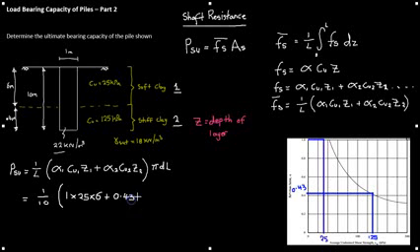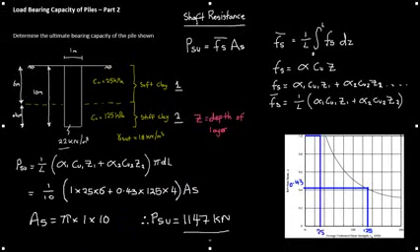So 0.43 times 125 times 4, close brackets, AS. So you should attain a PSU value of 1147 kilonewtons.